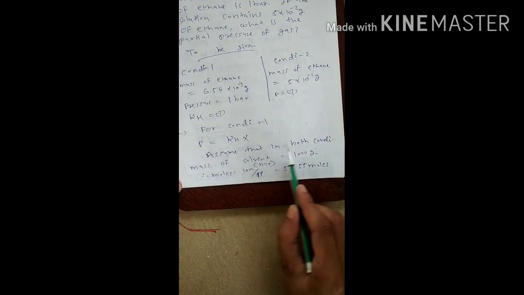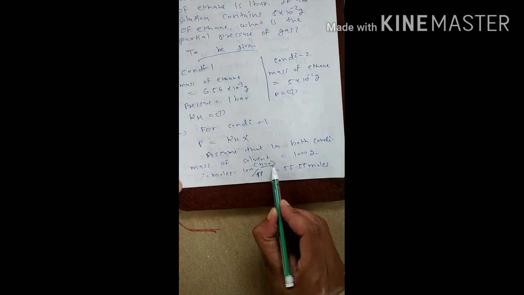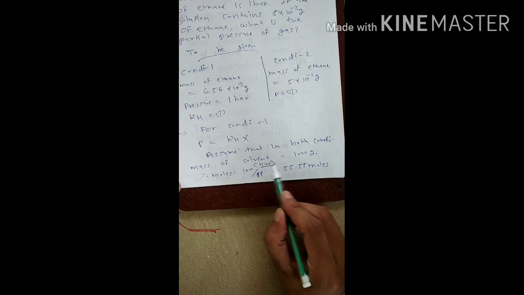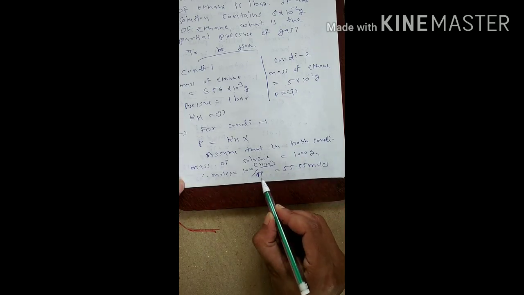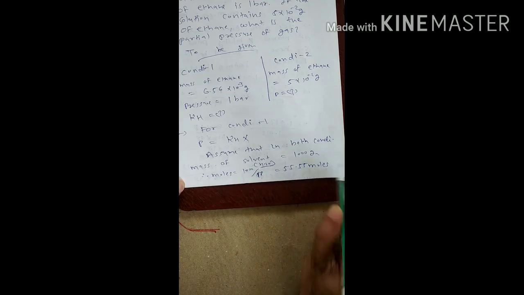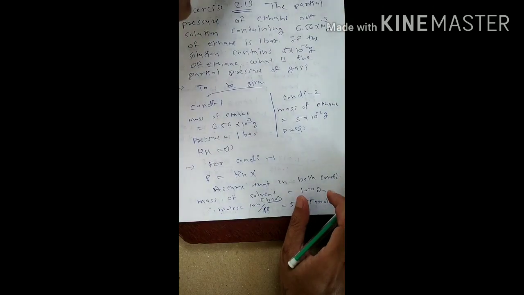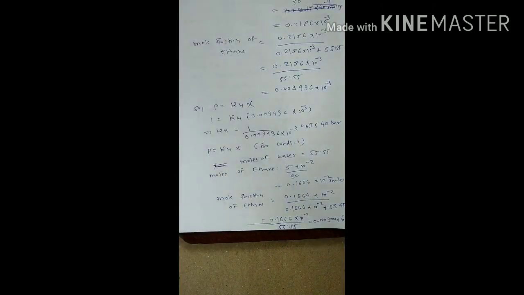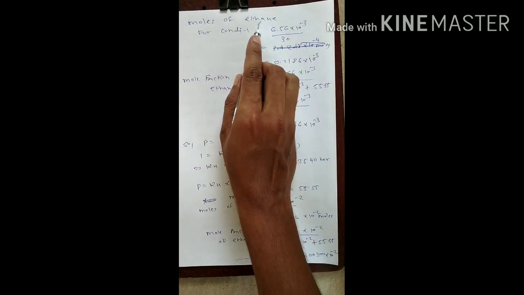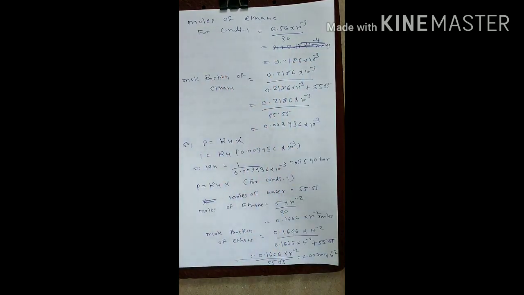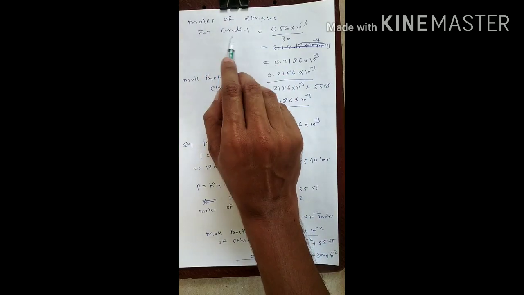Okay, so here I have written for the first condition P is equal to Kh into X. Now assume that in both conditions the mass of solvent, here I have taken solvent H2O, is 1000 gram. So moles is equal to 1000 divided by 18 is equal to 55.55 moles. This you have to assume. Now moles of ethane for the first condition: we want to find the mole fraction, so we have to find the moles of both components.